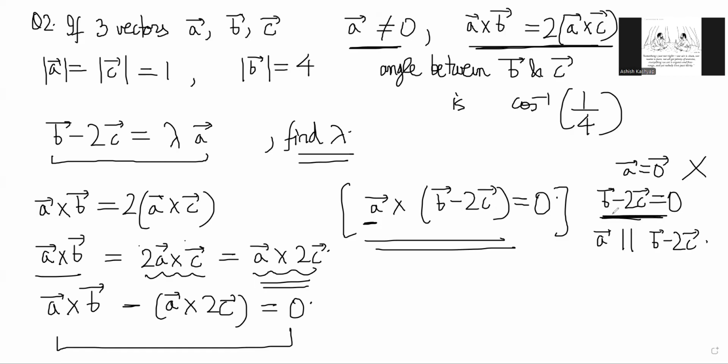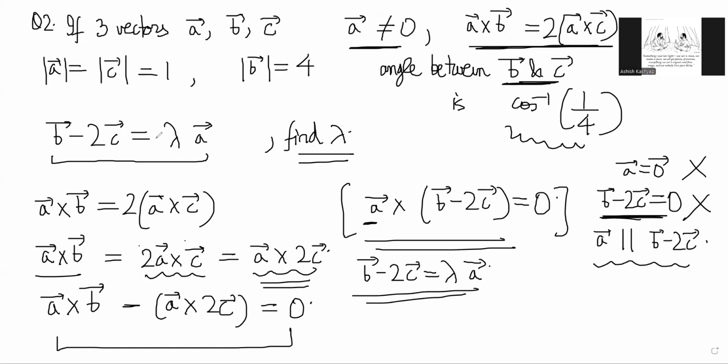So the angle between B and C should be 0, but the angle between B and C has been given and is not 0. This is also not allowed. So therefore we get that A is parallel to B minus 2C, which means B minus 2C is coming as lambda times A. So we actually already got that here, right? We have to find this lambda.